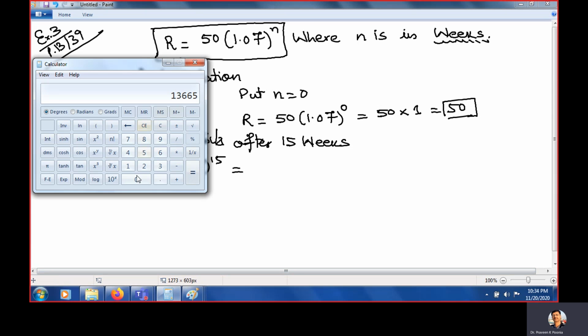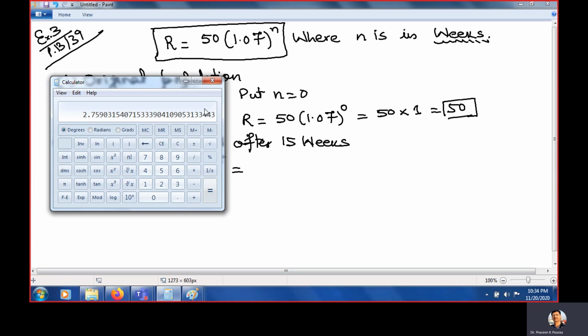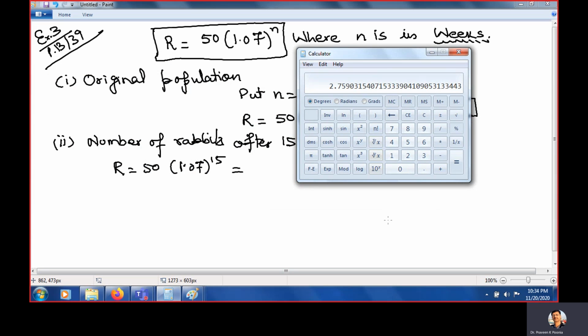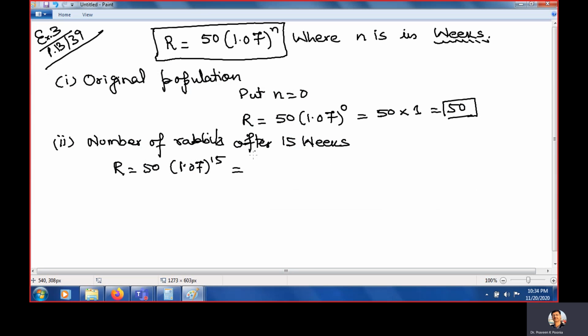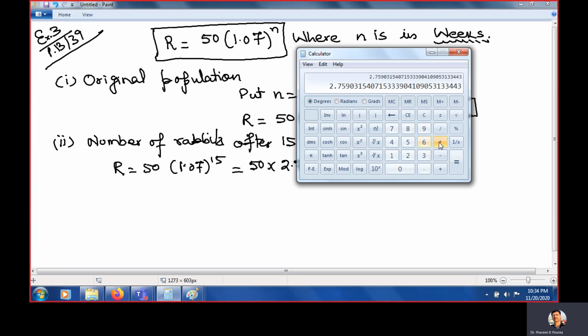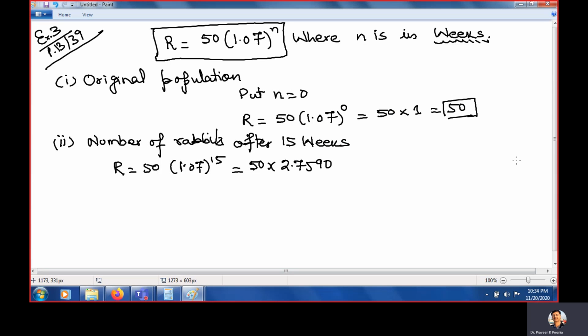Now use the calculator. 1.07 x power y, power 15, is equal to how much? This is 2.7590. Now multiply it by 50. How much? 137.95.